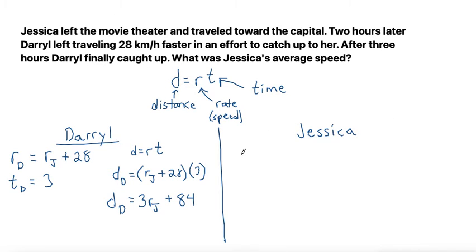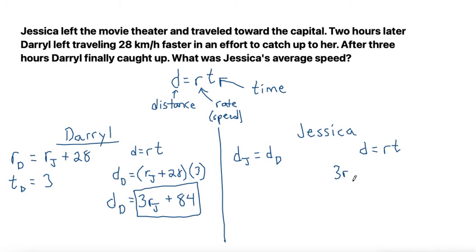So Jessica's distance is equal to Darryl's distance. So when we do the distance equals rate times time equation for Jessica, we can plug in what we found for the distance for Darryl, because those two things are equal.